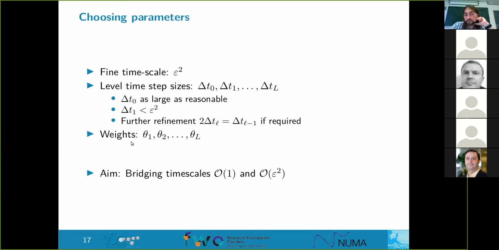In terms of these weights, this whole explanation of why we need information from both velocities and diffusion in the fine process to generate the coarse process only really applies because we want to bridge from this very coarse delta T0 to the finer delta T1, where we're simulating two different models. Once we get into this finer regime, all of these models are essentially simulating the same scheme, so we don't have to worry about this extra correlation from combining the two terms.